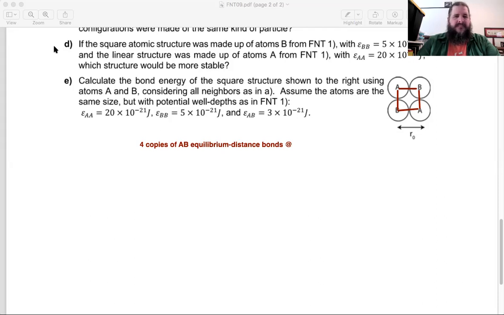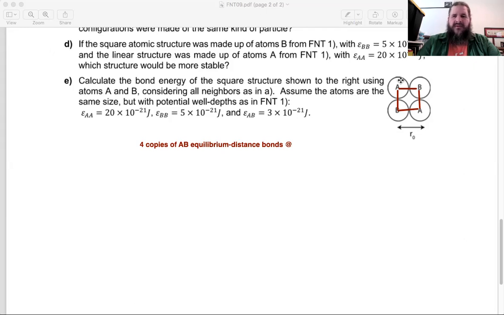The potential energy associated with their distance. Yeah, and in this case, their distance is equilibrium because we assume these adjacent atoms are at equilibrium distance from each other. So what's the potential energy at equilibrium? The well depth. Right, in other words, epsilon.